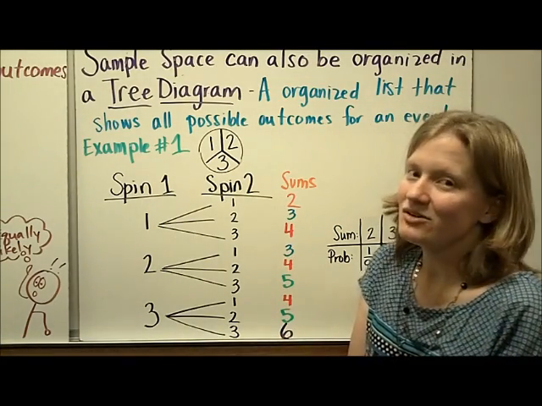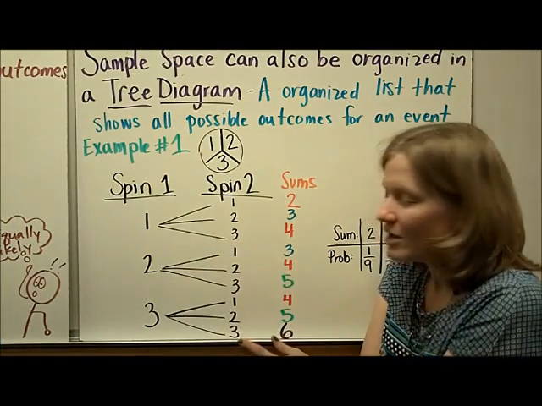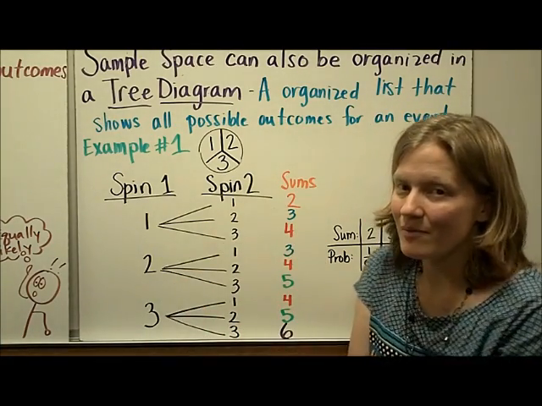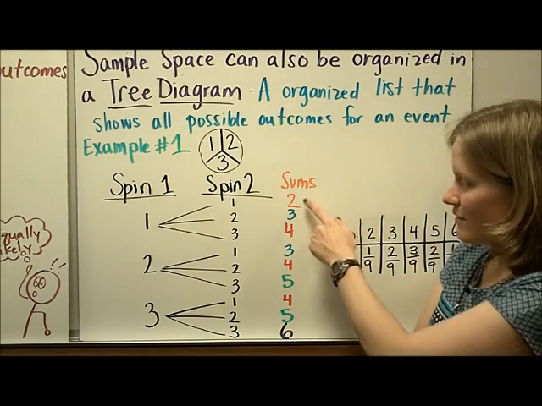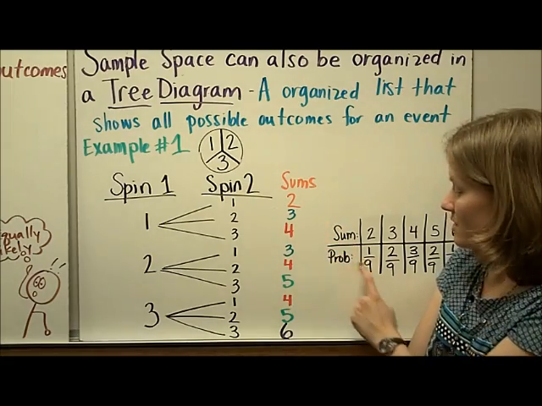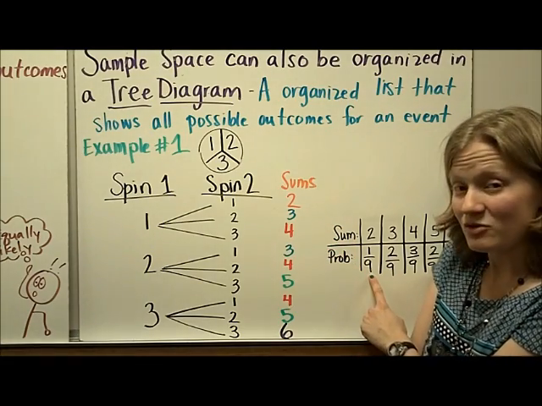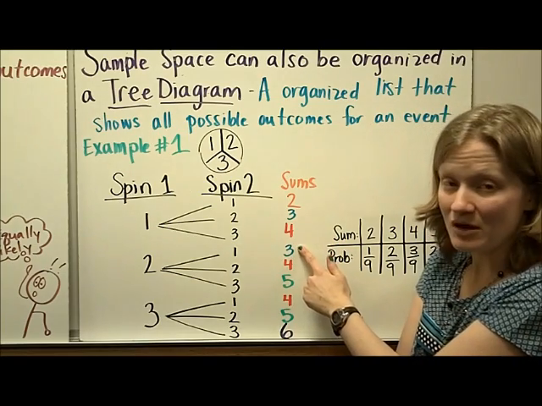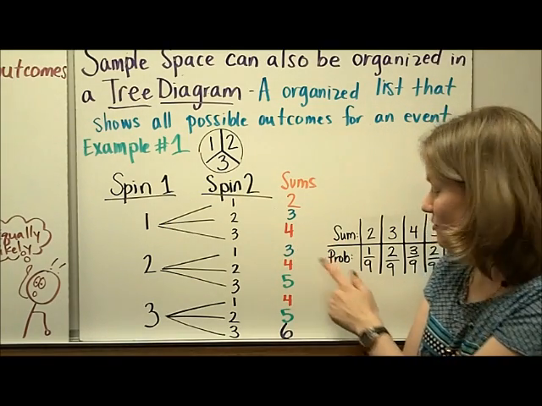And now it's easier to see because I can see all the combinations. It's easier for me to determine the probabilities. So I can see that I only have one combination that'll give me a sum of 2. So the probability of spinning a sum of 2 is 1 out of 9. I see here 2 combinations that would give me a sum of 3.